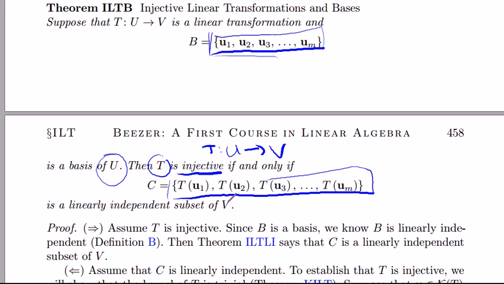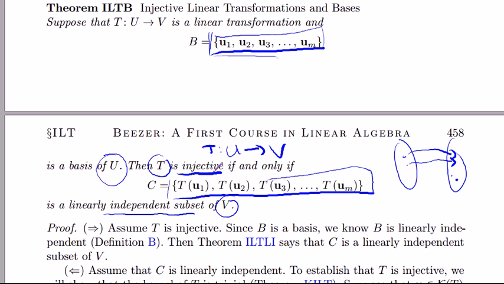Now, I'm sorry, it's not still a basis, it's a linearly independent subset. It may not map onto all of V. Remember the cartoon picture where they had some vectors mapping to vectors here, but there might be a few vectors down here that are not hit.